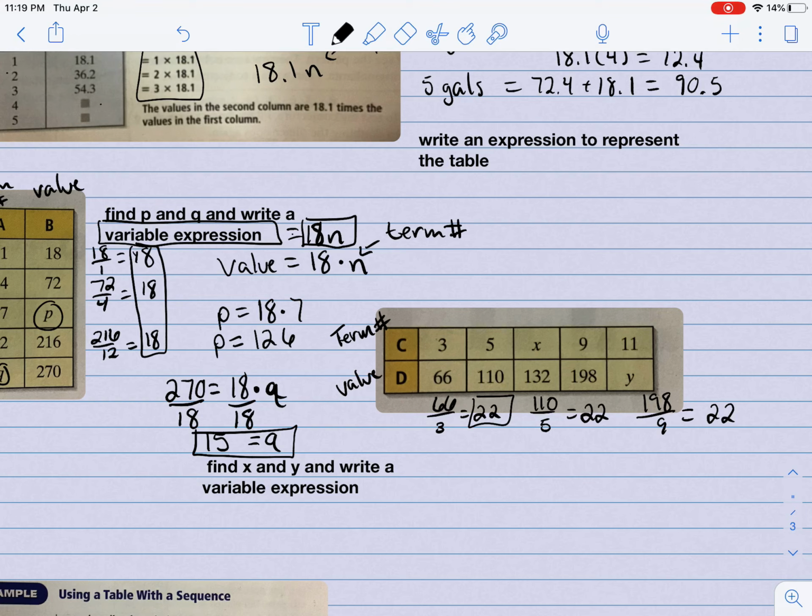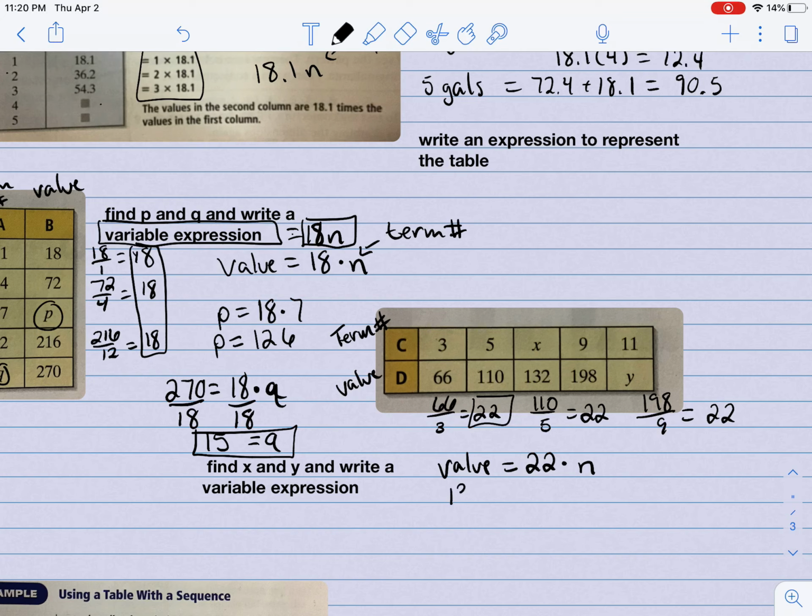So this is proportional. This gives us that constant number that we're going to be multiplying the term number by to get our value for whatever term we're looking for. So now we can set this up as value equals 22 times n. n once again is representing the term number.